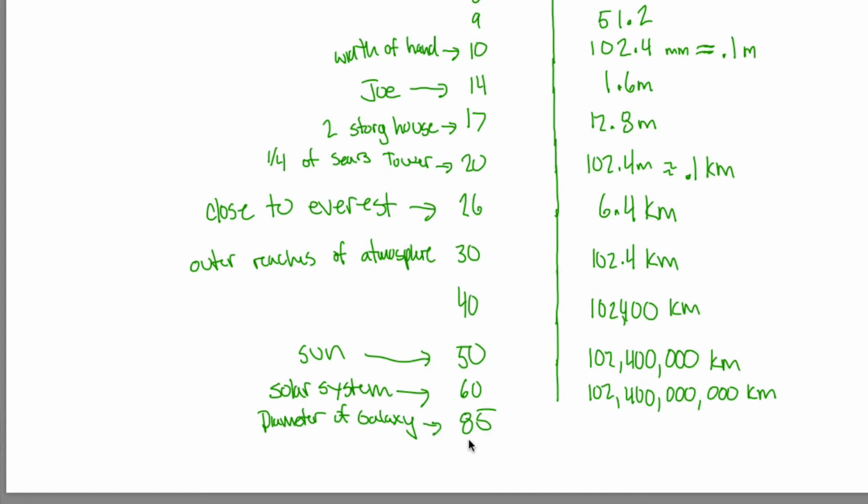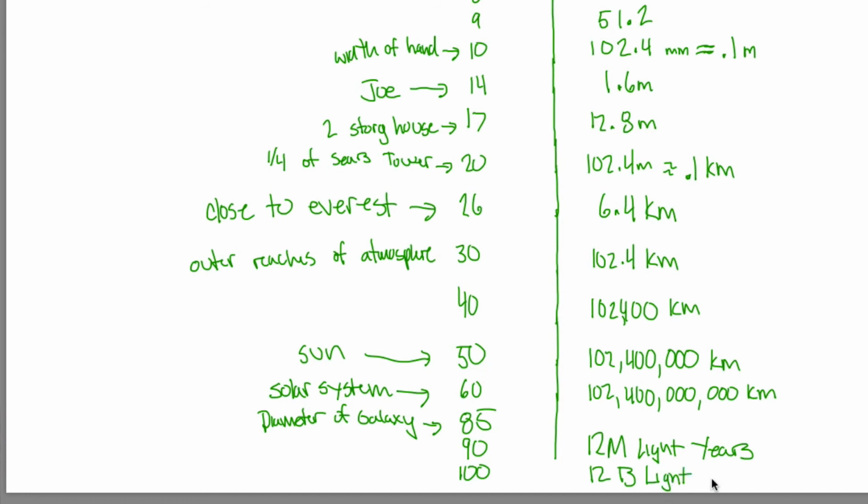You get up to 90. I'm running out of room here. At 90, we're up to 12 million light years, which I don't really have a way to put into context other than saying that it's ridiculously large. And you get up to 100, and by the time you get up to 100, we're up to 12 billion light years. That's hard to read, let me try to make that a little bit neater.